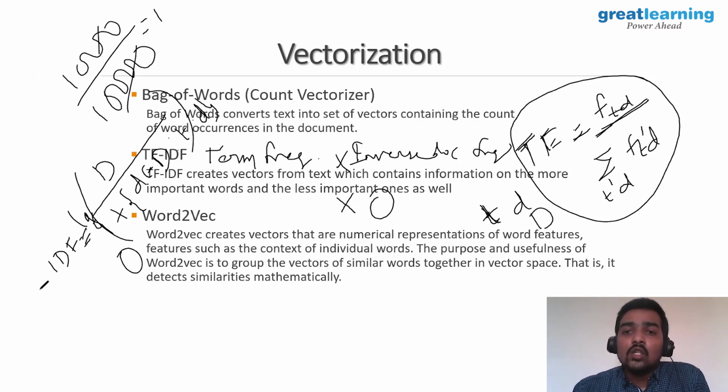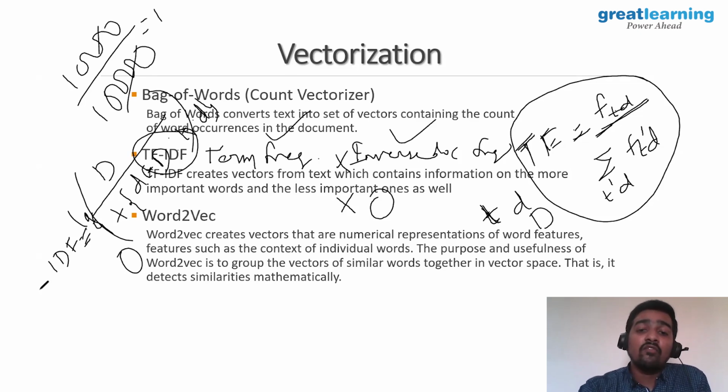This means that you are penalizing the word which is not really important, which has appeared in almost all the documents in your corpus, right? So this is one way of penalizing it, so that the model will understand whether it is an important word, a less important word or a most important word based upon this TF-IDF score, which is a multiplication of term frequency and inverse document frequency.